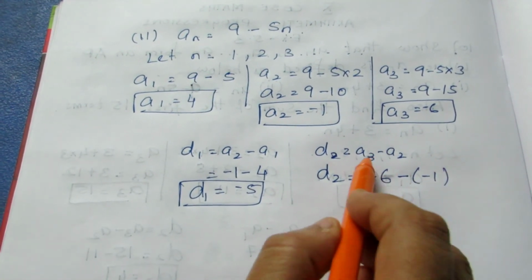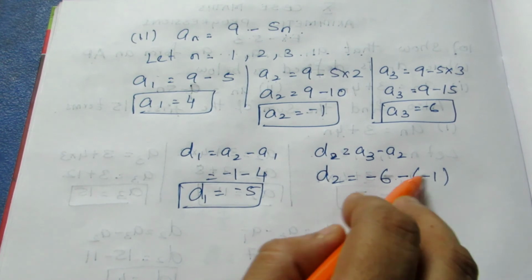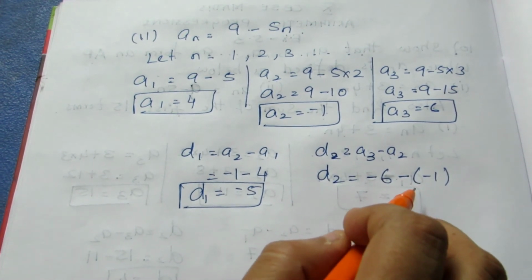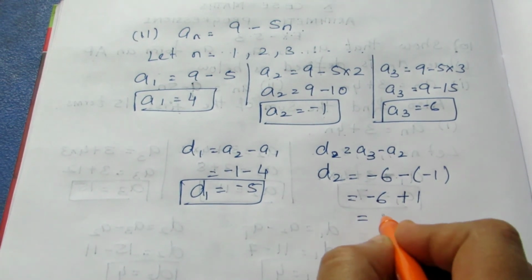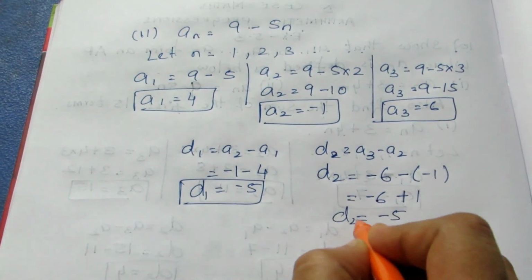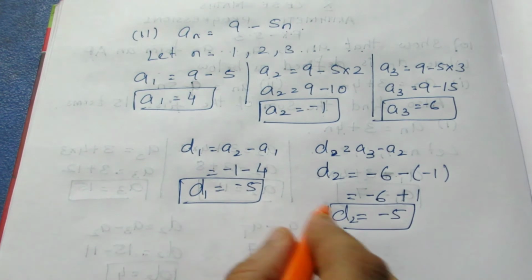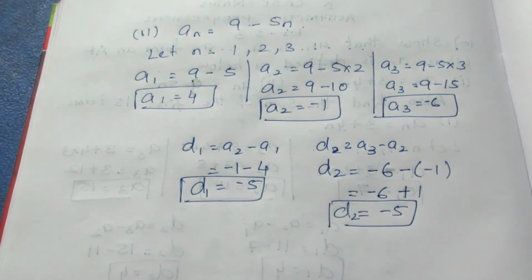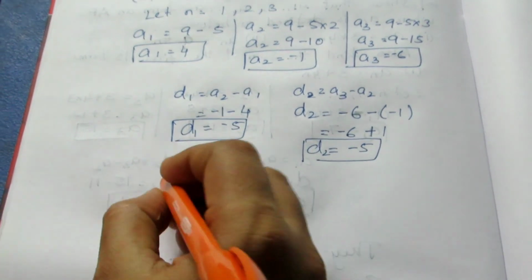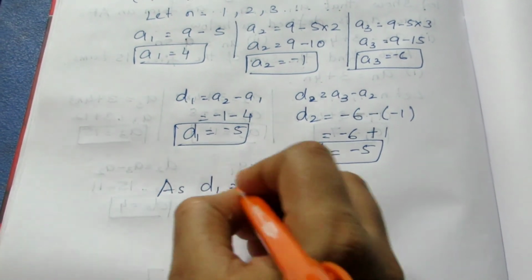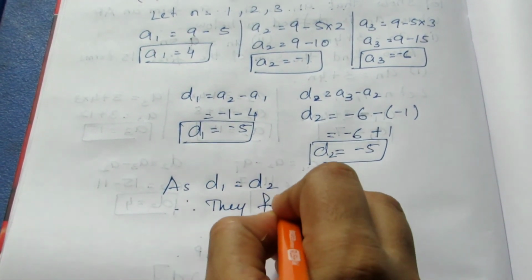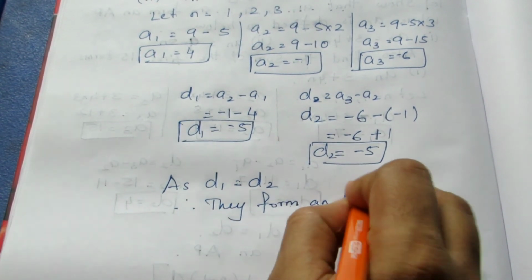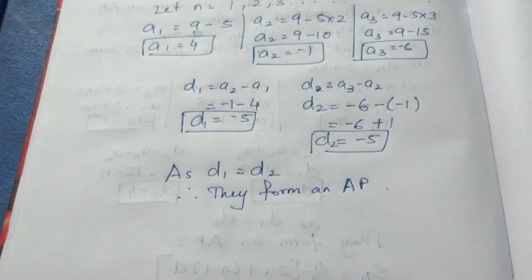Be careful with the sign. So this becomes minus 6 plus 1, which is minus 5. So d2 equal to minus 5. As the common difference is the same, as d1 is equal to d2, therefore they form an AP.